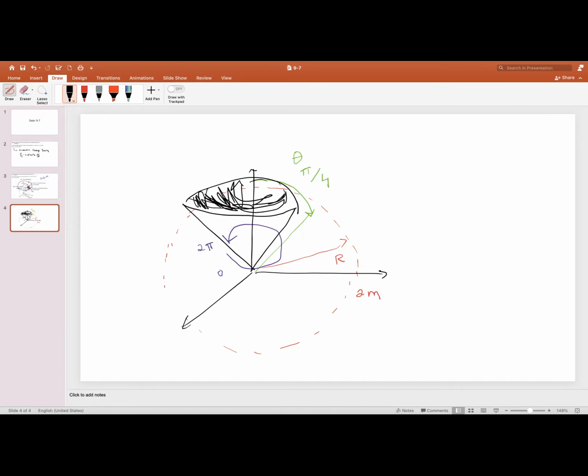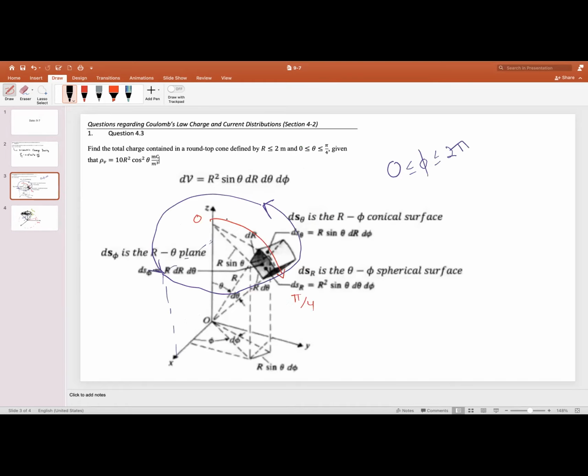It has an angle of pi fourths. So when I measure from the z-axis down, I'm measuring from here to here to get this 0 to pi fourths. And because we know it's a cone, we know that phi right here must stretch all the way around.